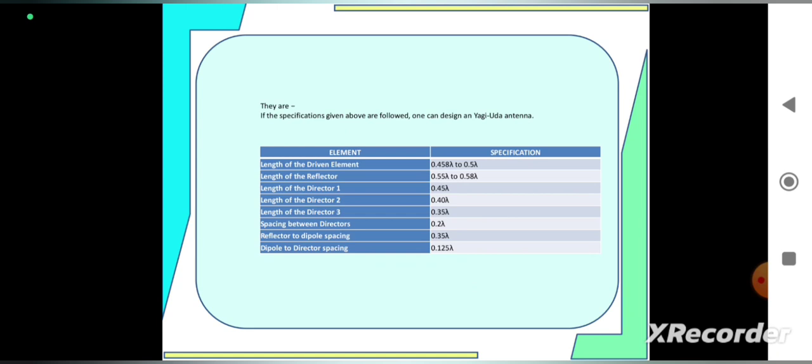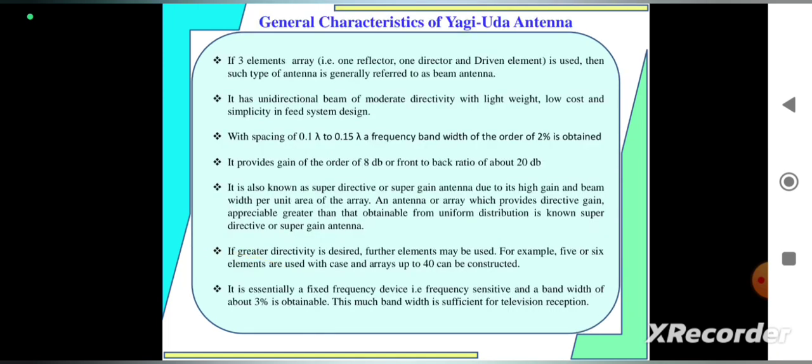Spacing between all the directors should be 0.2 lambda. Reflector to dipole spacing should be 0.35 lambda. Dipole to director spacing should be 0.125 lambda.